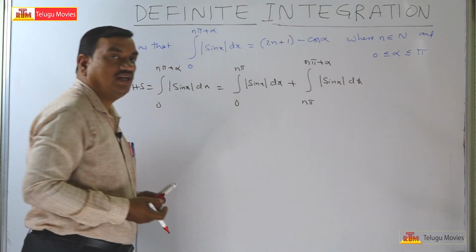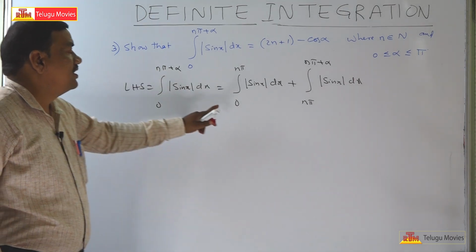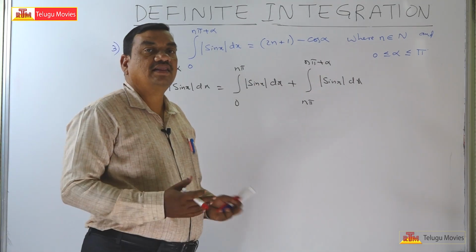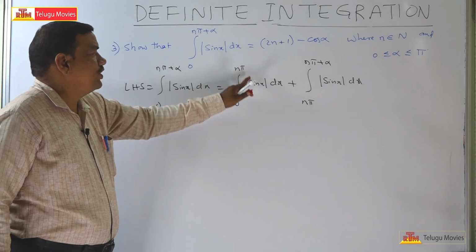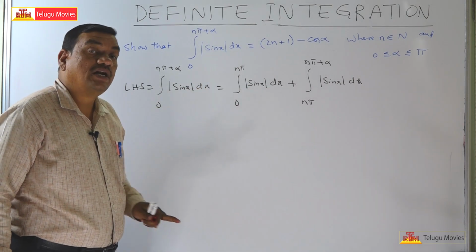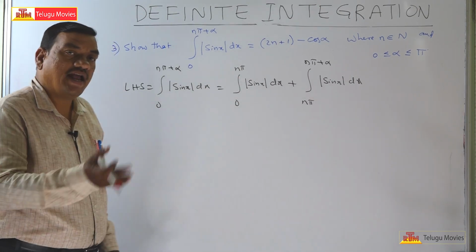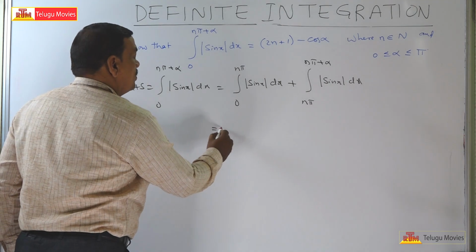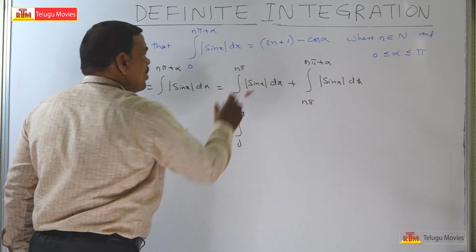I make use of the properties of definite integration: a to b means a to c plus c to b, like that I separated. We know that pi is the period of the function modulus of sin x, so we can take the n down. This is equal to n times the integral from 0 to pi of modulus of sin x.